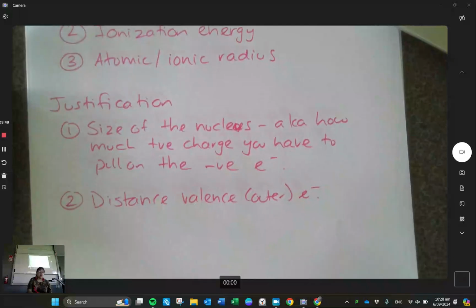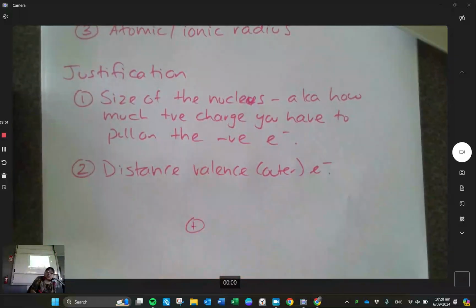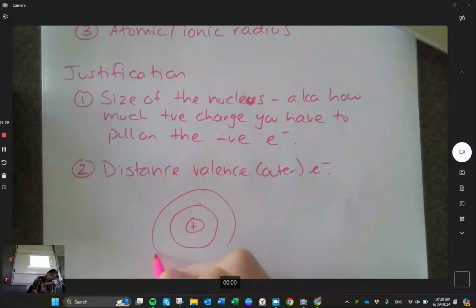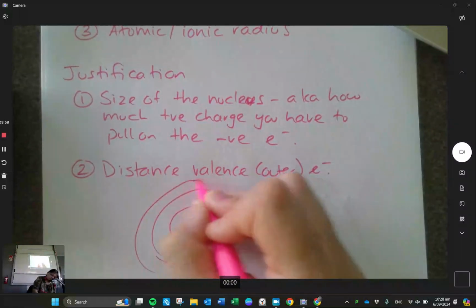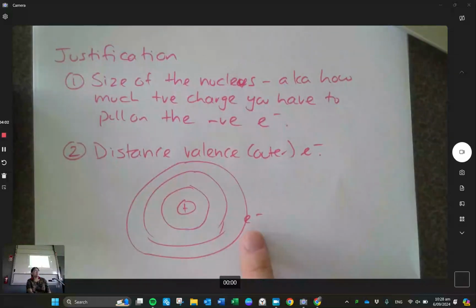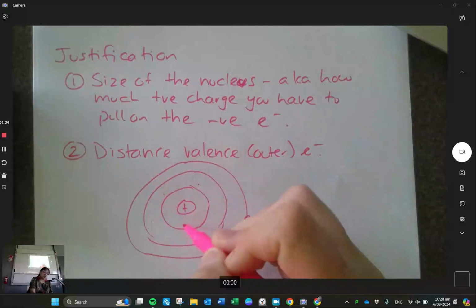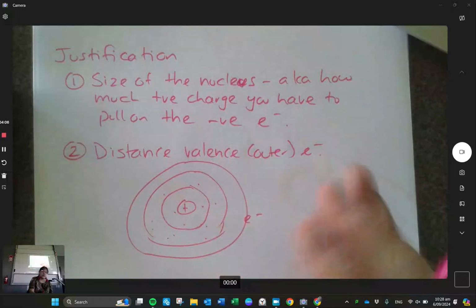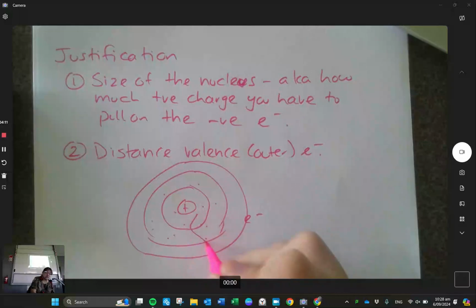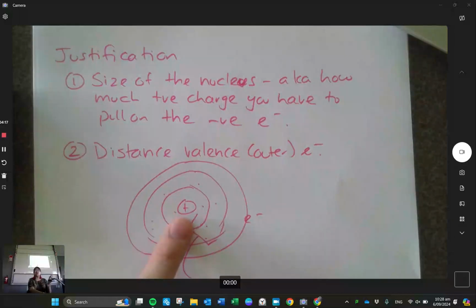So something to keep in mind is if I have my positively charged nucleus, we have lots of different shells of electrons. I know I'm drawing it as kind of orbitals. Now, let's say I'm thinking about these electrons here that are in my valence shell. Then there are the electrons that are also existing in the shells below it. Something to keep in mind is that these shells have what we call a shielding effect, and because they're negatively charged, they're going to cancel out some of the positive charge pull that the nucleus has.